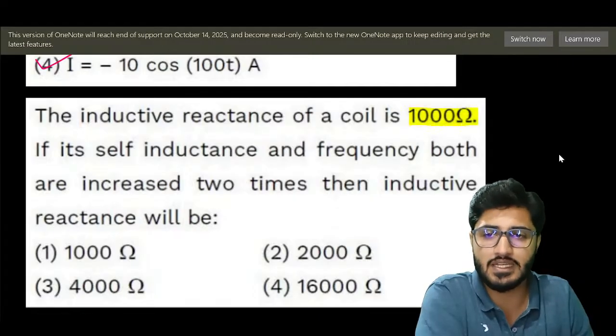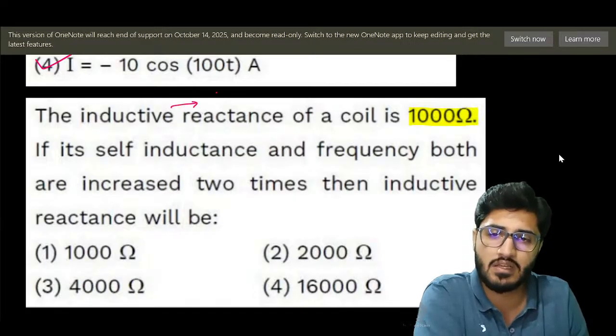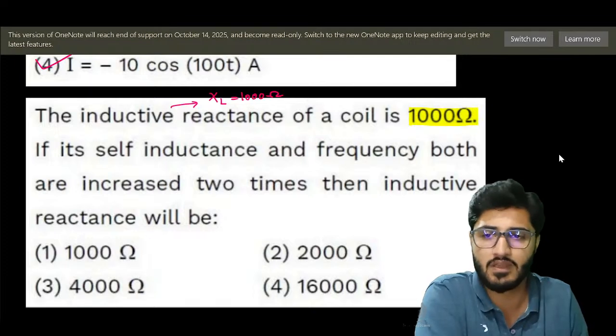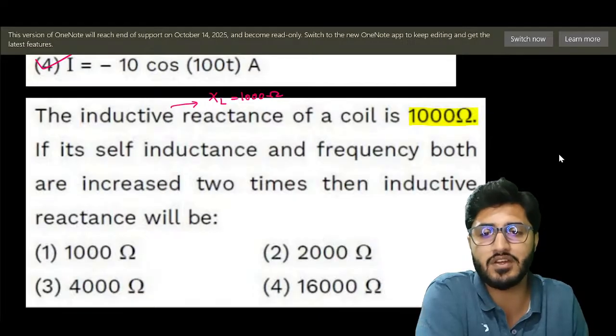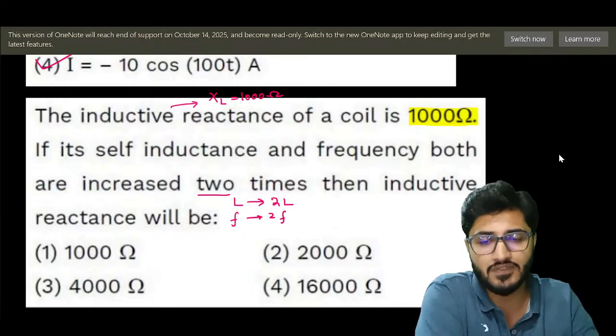If the self-inductance and frequency both are increased 2 times, that means L goes to twice L and F goes to 2 times F, then what will the inductive reactance be?